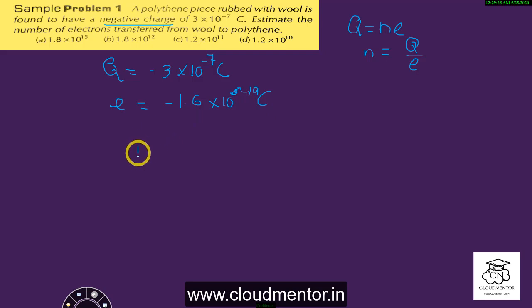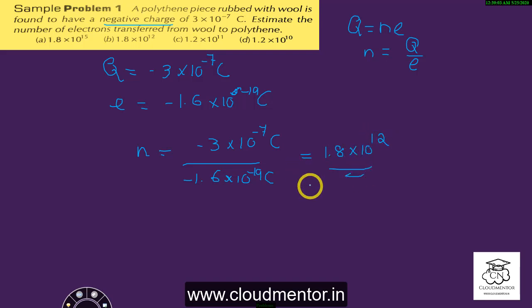We can find N by putting the values in this equation: minus 3 multiplied by 10 raised to minus 7 Coulomb divided by minus 1.6 multiplied by 10 raised to minus 19 Coulomb. By dividing, the answer comes out to be 1.8 multiplied by 10 raised to 12. So option B is the right answer.